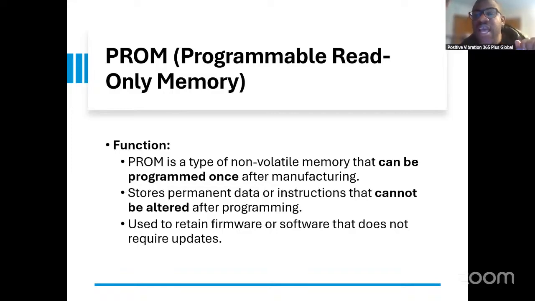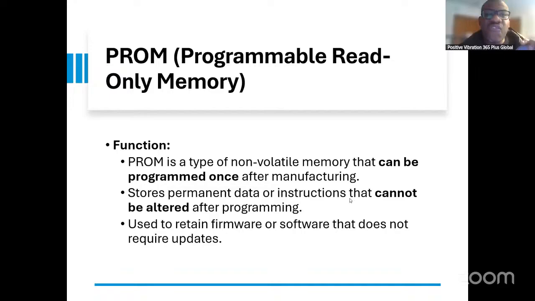All right. And again, it stores permanent data or instructions that cannot be altered after programming. So this one is called programmable because it can be programmed once after it is manufactured, and it cannot be changed after. That is a major difference.